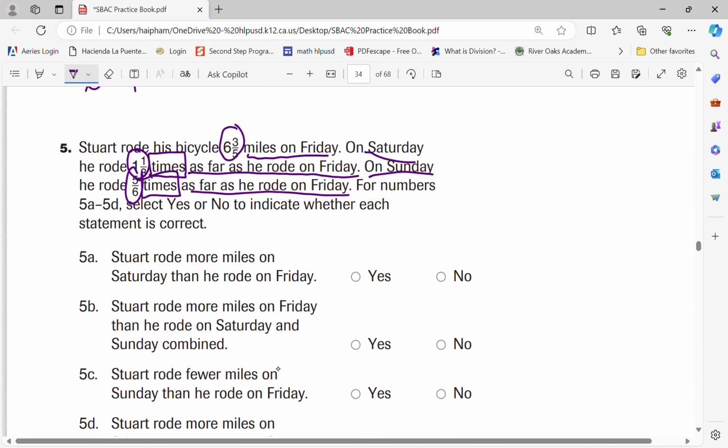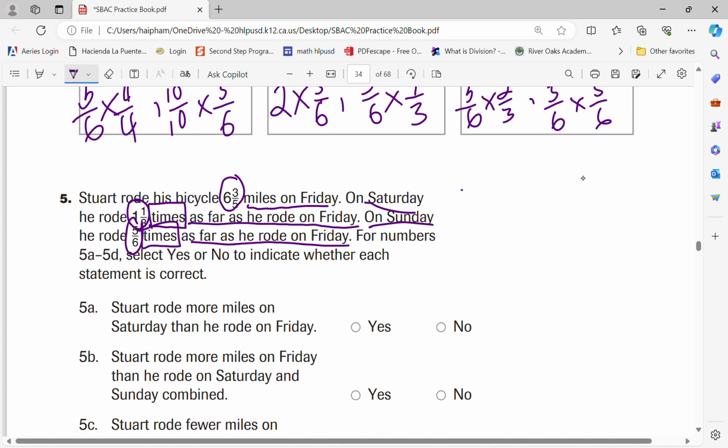Alright, let's jot down some notes of things we do know here. We know Friday, he rode 6 3/5 of a mile. And on Saturday, he rode 1 1/3 times that amount. So we have 6 3/5 times 1 1/3.